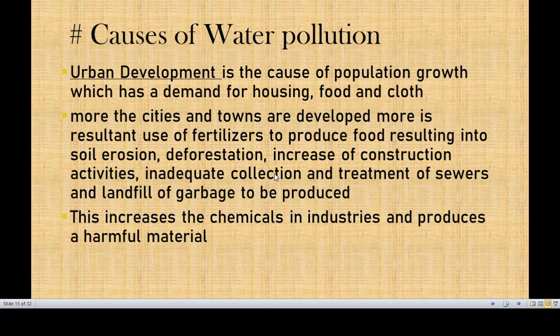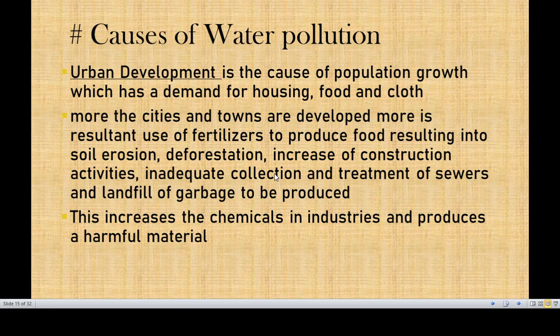The next one is urban development. Now we know that we are developing too much. Like I said, we are using pesticides and fertilizers to grow more crop and more food, and that is one important part of urban development. That means we are creating cities and villages also. There is a huge amount of housing, more food, more clothes.